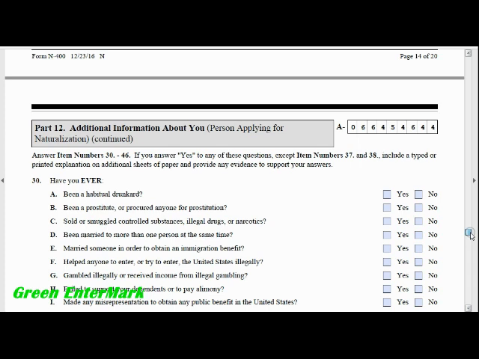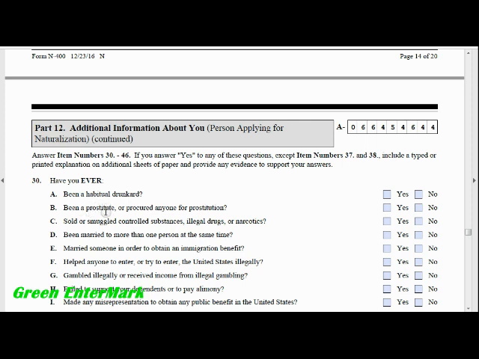Now, answer items 30 to 46. If you answer yes to any of these questions except items 37 and 38, include a typed or printed explanation on an additional sheet of paper and provide any evidence to support your answer. Okay. Have you ever been a habitual drunkard?